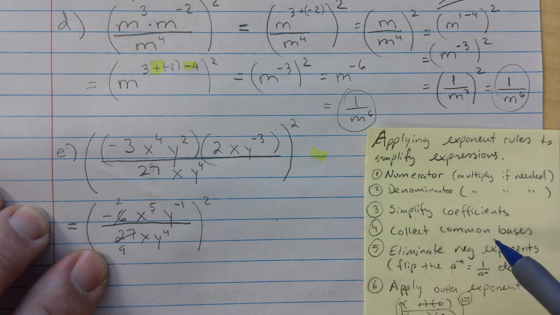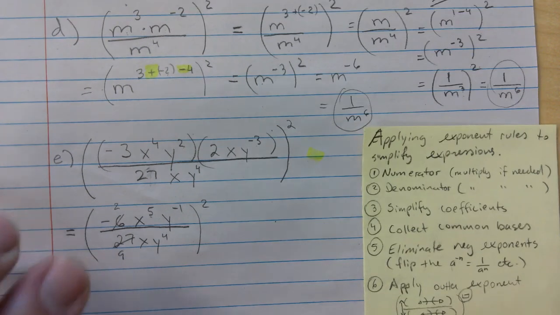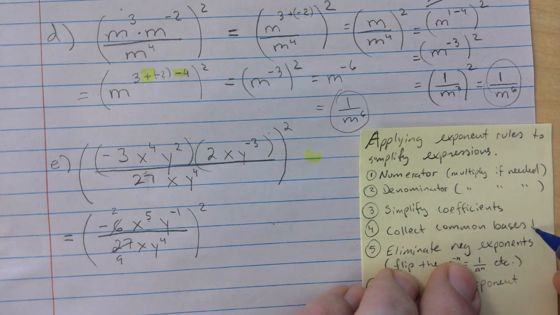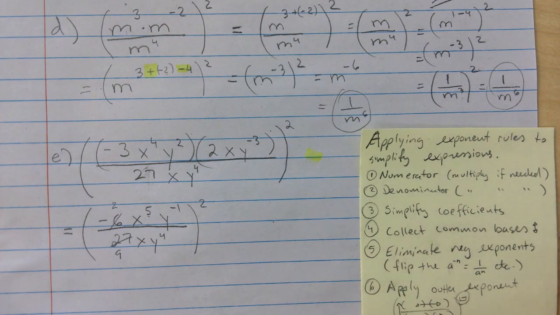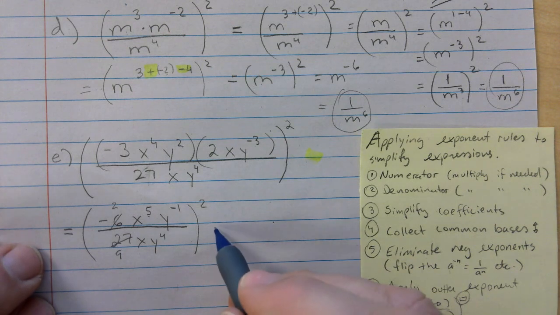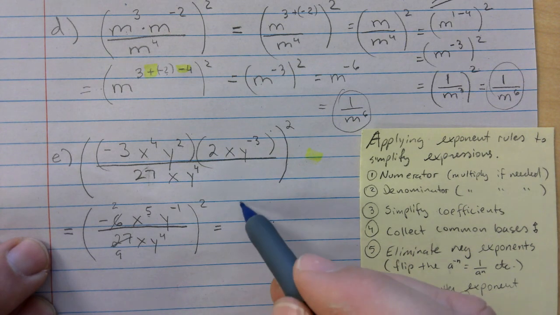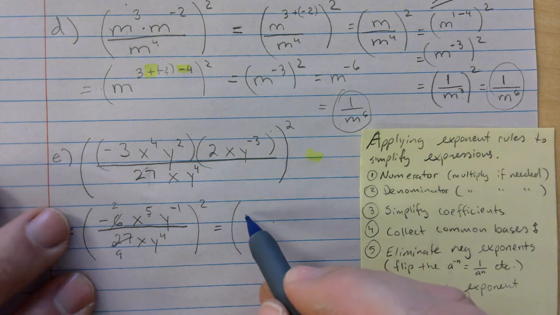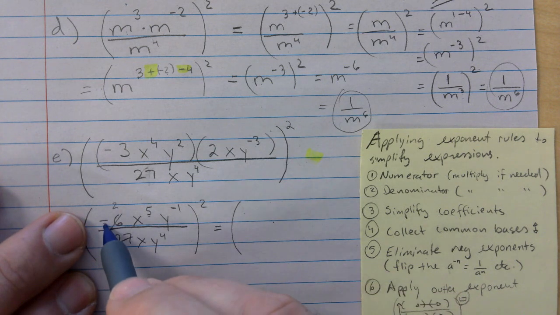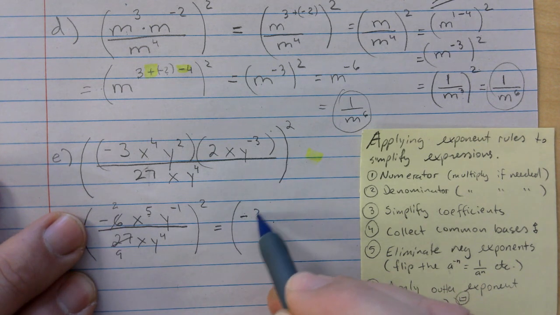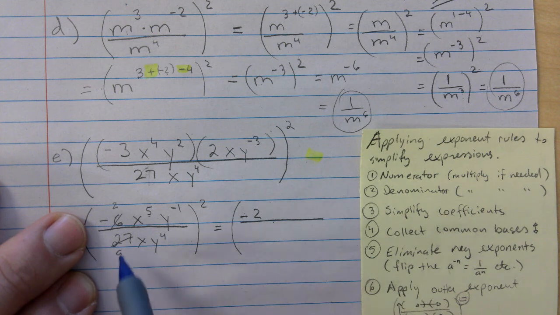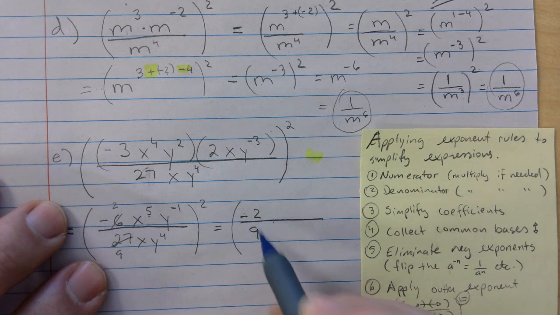Now I'm going to collect common bases. And when I say this, maybe in your steps, that means you're going to go look up and down like that. Next here, make sure you have the negative. Don't forget the negative. I don't have the 9 here, so I do have a fraction anyway.